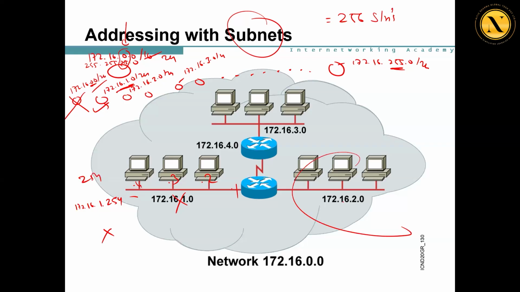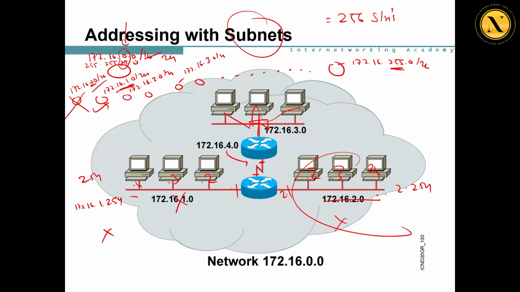Likewise, here also you can't use this, so 172.16.2.1, 2.2, 2.3, 2.4, likewise 2.254. You can't use 2.255, broadcast. 254 here. Then 3.1, 3.2, 3.3 likewise. Then in between 4.1 and 4.254, you can use any two, right? 4.100, 4.200 will also do, as long as both are in the same subnet.